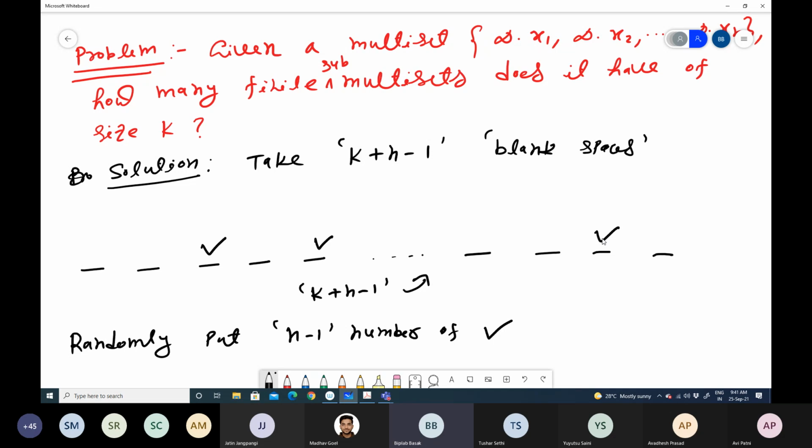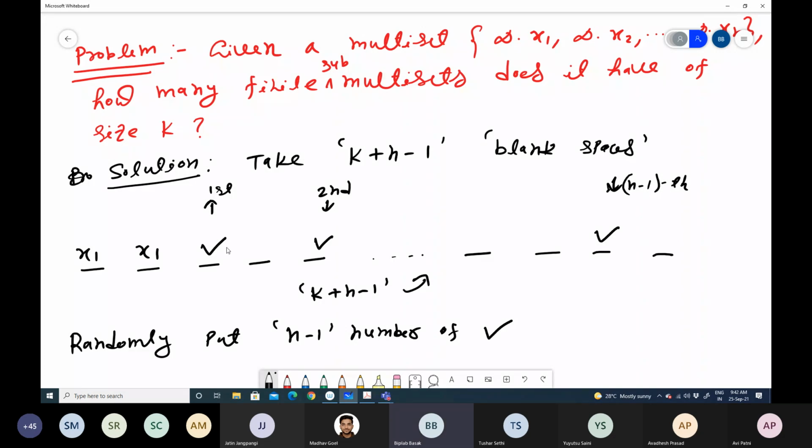Okay, so this is the first, this is the second, and this is the n minus 1. Up to the first check, we will write everyone only x1.